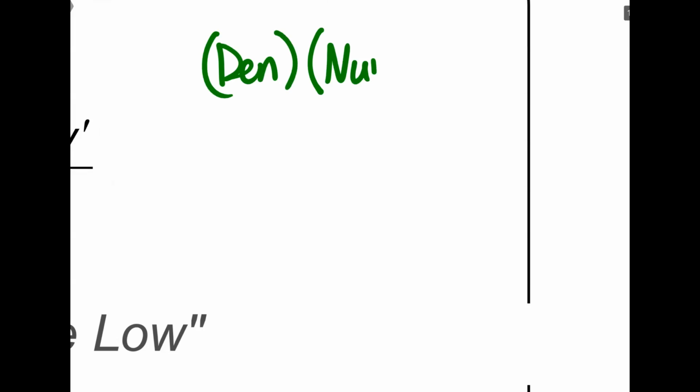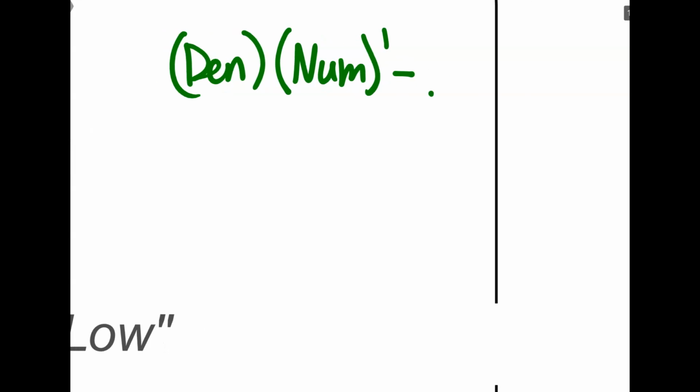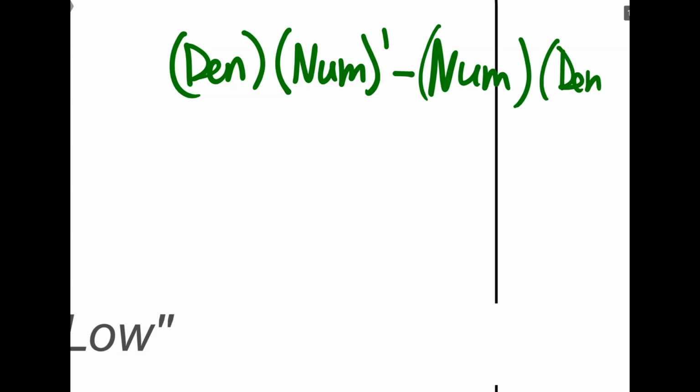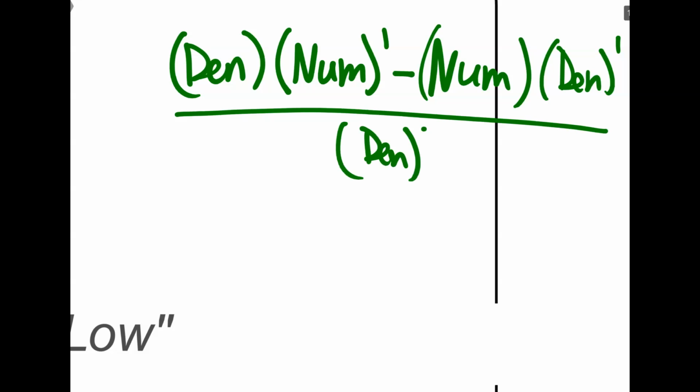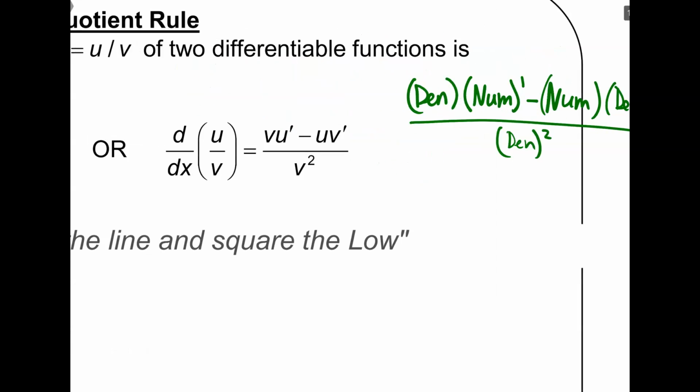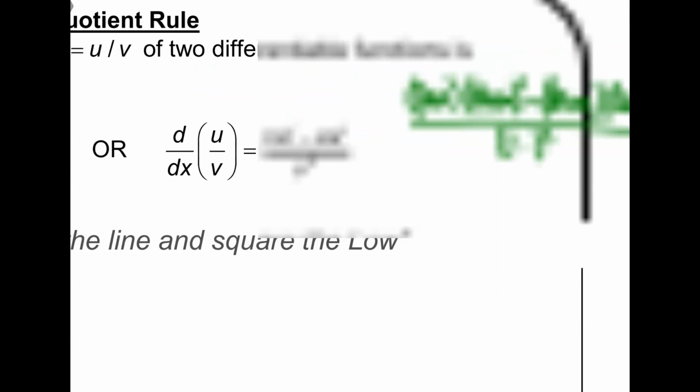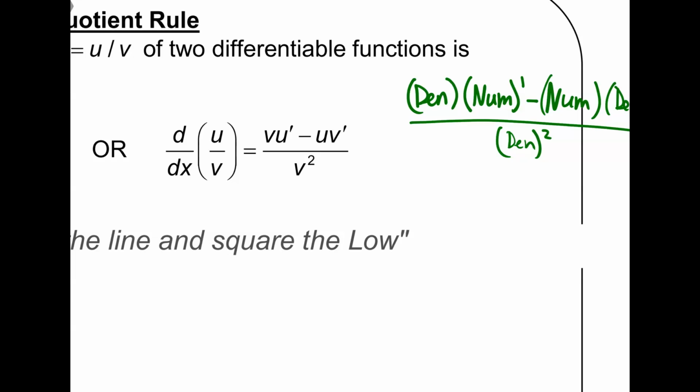So literally, you have denominator times the numerator's derivative, minus numerator times the denominator's derivative, all over the denominator squared. That's it. That's how you find it.